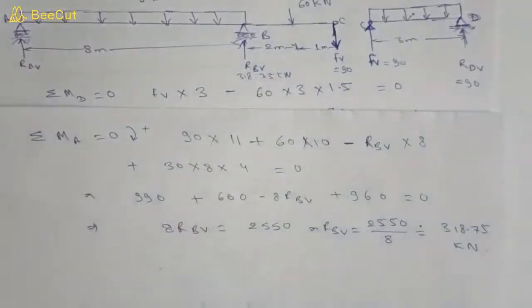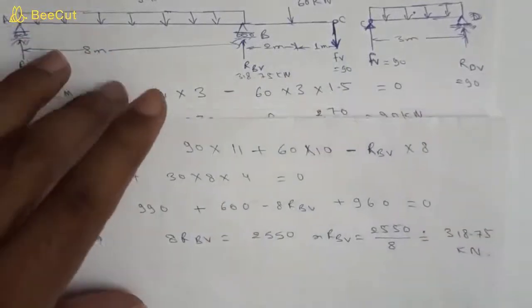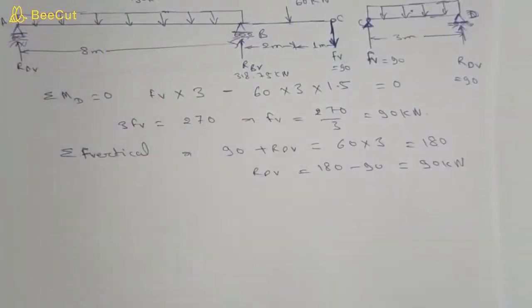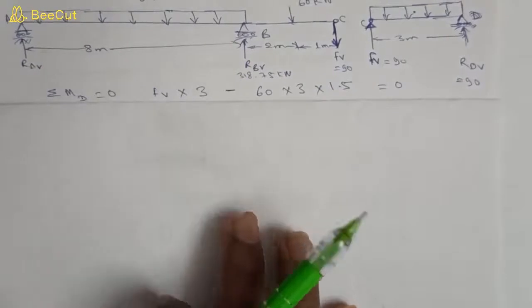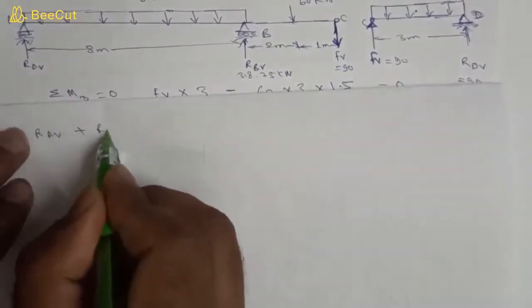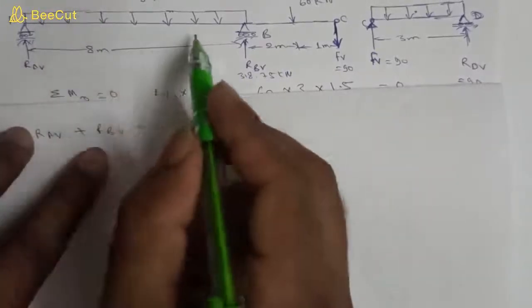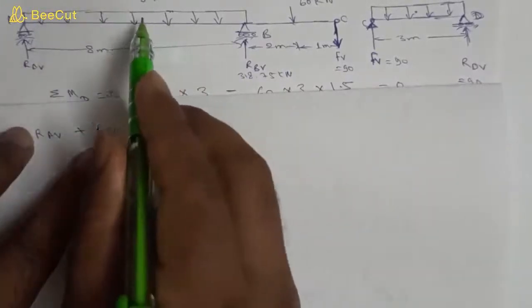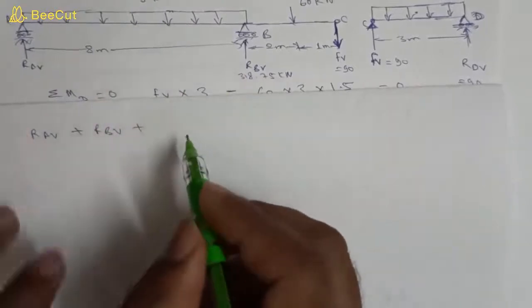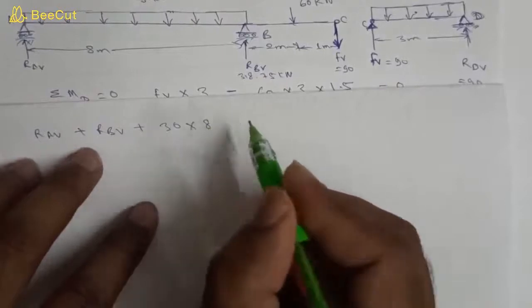Now the sum of all the vertical forces will be 0 in this left hand portion of the beam. So let's calculate it. RAV plus RBV plus the total load due to this 30 kN per meter, 30 into 8.